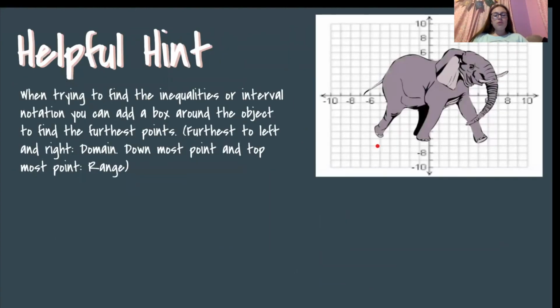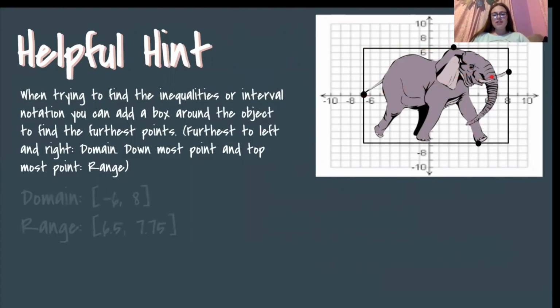Here is a helpful hint that I personally think is awfully helpful. When trying to find the inequalities or interval notation, you can add a box around the object to find the furthest points, furthest to the left and right for domain, and the downmost point and topmost point for range. As you can see, this is a box around it, and then finding the points from bottom to top, and left to right.